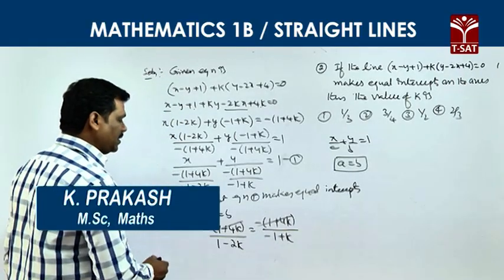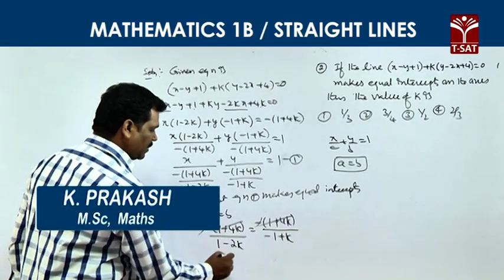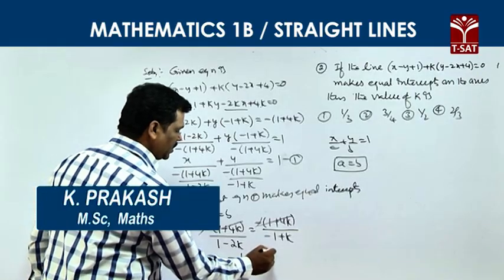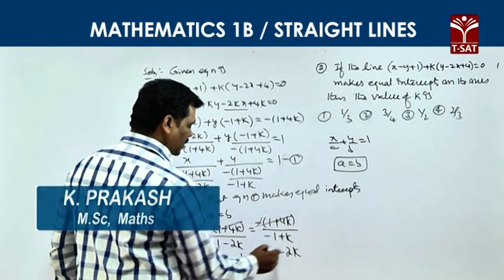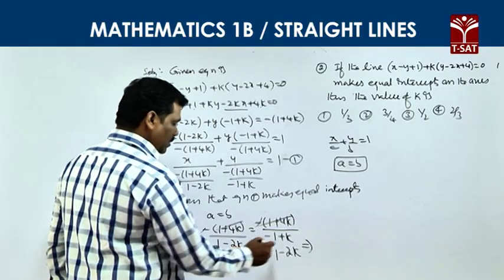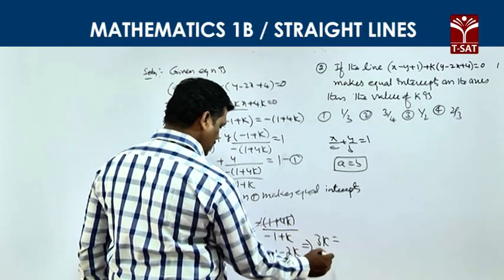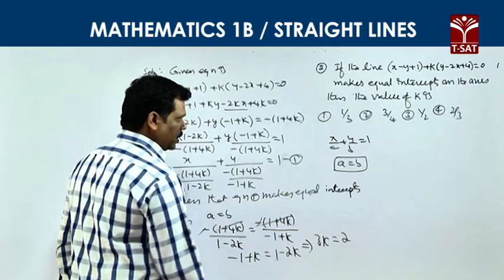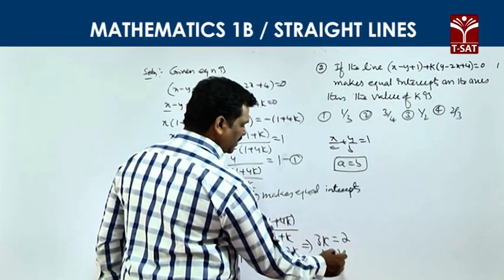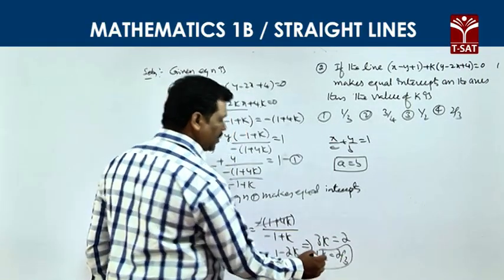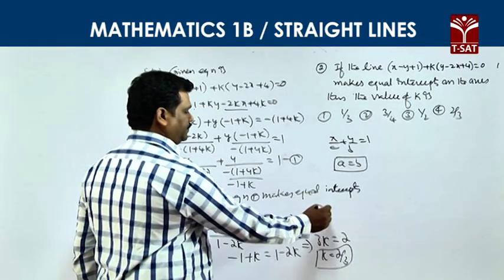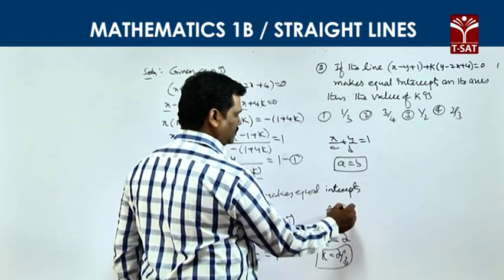This cancels, minus also cancels, and we get minus 1 plus k is equal to 1 minus 2k. It can be written as 3k equal to 2. So k is equal to 2 by 3. What is the answer? Answer is the fourth one.